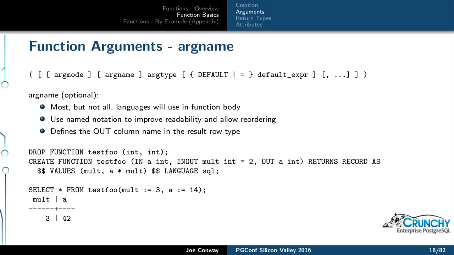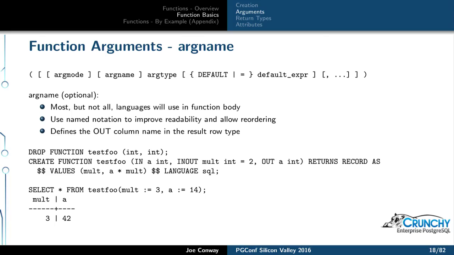When I first wrote PL/R and first got involved with the project, Postgres didn't support named arguments. These days, I think just about all of the languages you're likely to run into support named arguments for functions. And if you have an out argument, that's going to assign the name for the column that comes out.